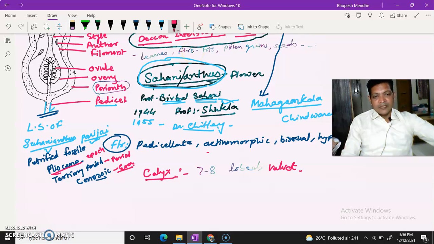Estivation means they are generally tubular in shape.